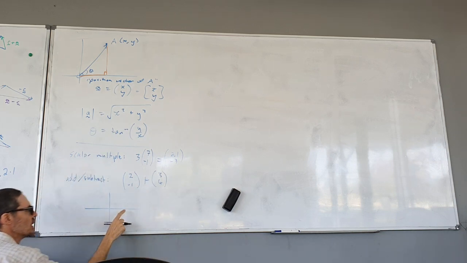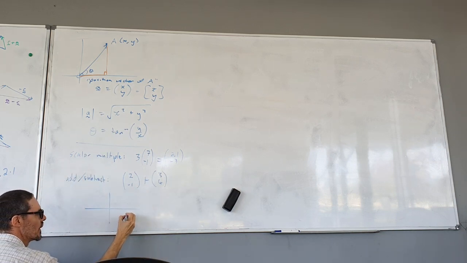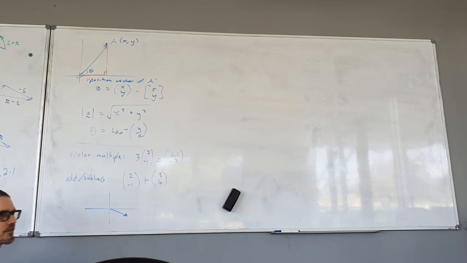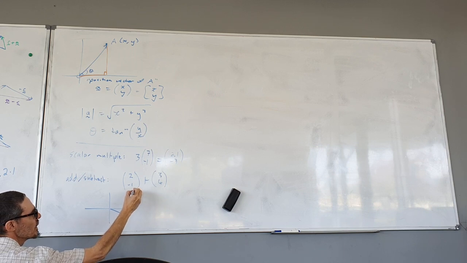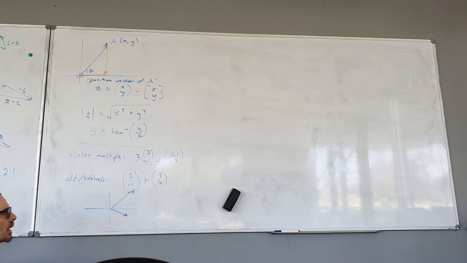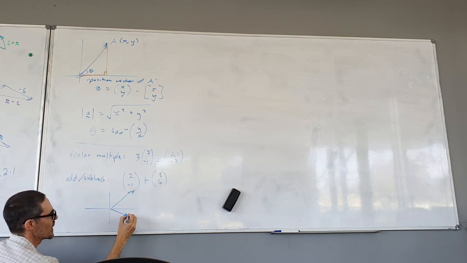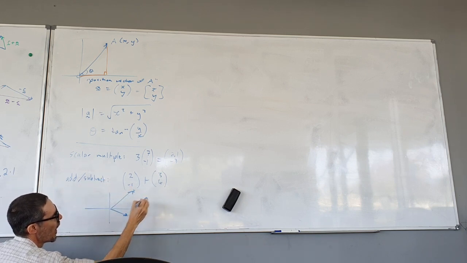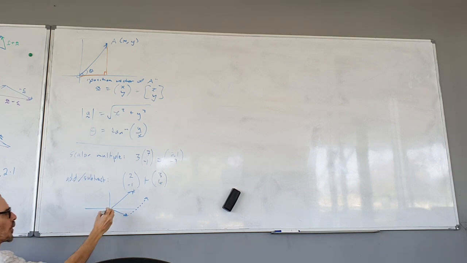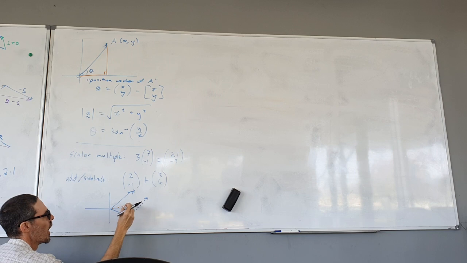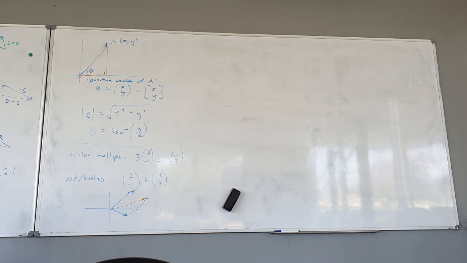So (2, -1) is this vector, and (3, 4) is this vector. If I'm going to add them, I'm going to take this and stick it on the end of that, and I want that result.